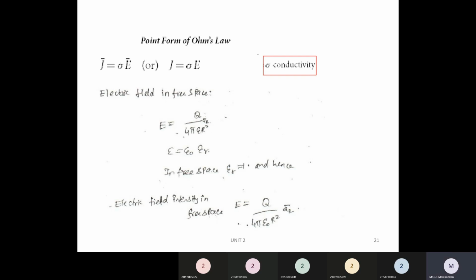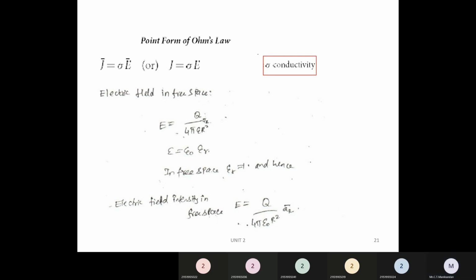We know Ohm's law: the potential difference across the conductor is directly proportional to the current flowing through the conductor. That is, V is proportional to I, and we are inserting a constant, which we call R. So V equal to IR. That is the basic concept we might have studied in Ohm's law.